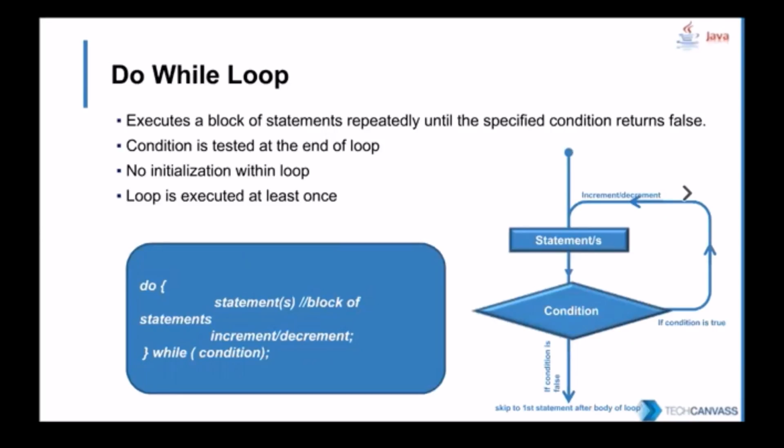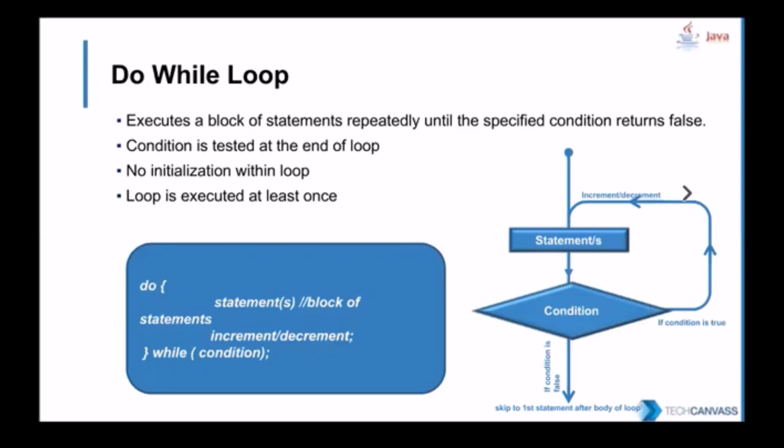Now the third loop, which is a do while loop. So do while loop is the same as while loop with one difference. No matter if the condition is false, the loop will be executed at least once. In for and while loops, if the condition is false in the first iteration, nothing is executed.